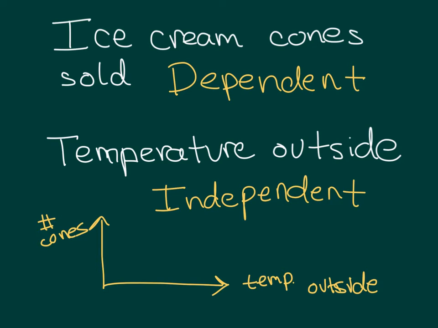Okay, and I should always put some units on it, so let's put that in degrees Fahrenheit. Okay, so dependent depends on the independent. So in this case, ice cream cones sold depends on the temperature outside.